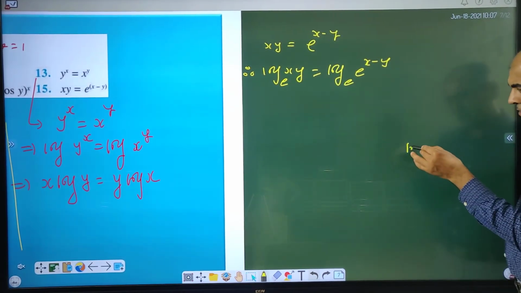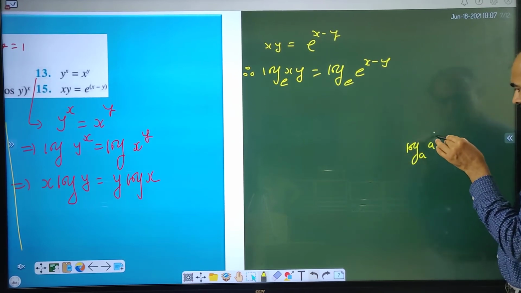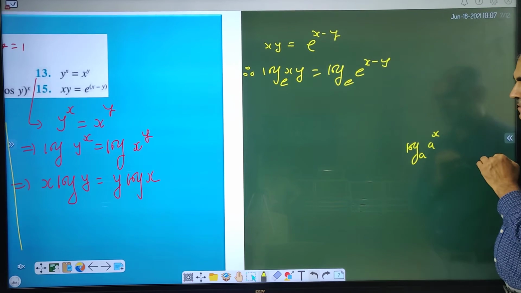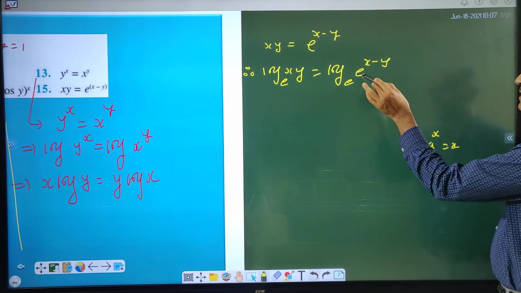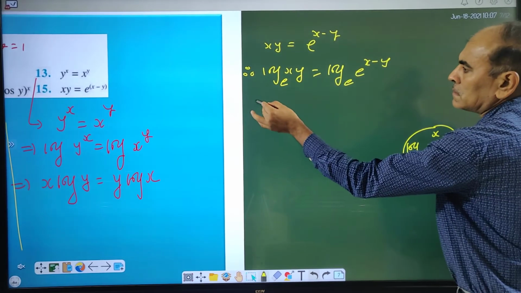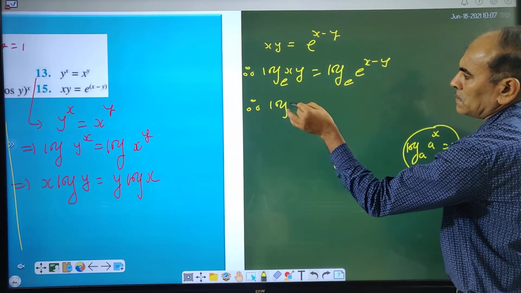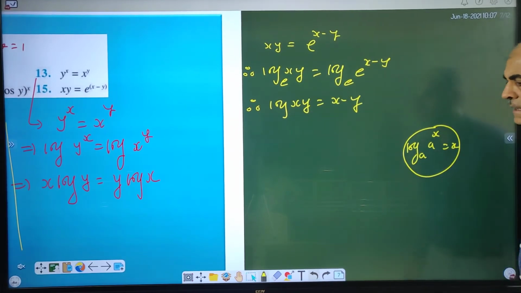And we know that log a base a to the power x comes out x only. So here both are same. Applying this formula, what we get? And therefore log xy is equal to x minus y.